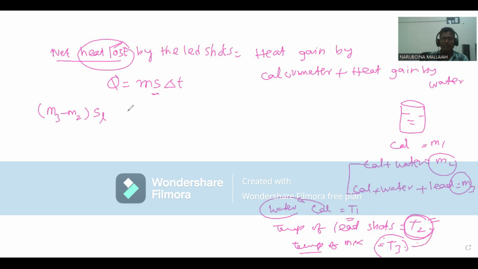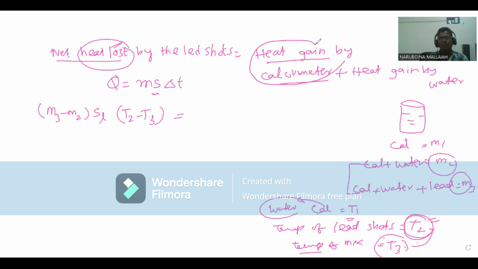That's why we have to write here T2 minus T3, because we heated the lead shards up to 100 degrees centigrade. After heating this, we are placing these lead shards in the water, then it loses some heat energy. So that's why T3 is less than T2. So T2 minus T3, that is equal to heat gained by the calorimeter.